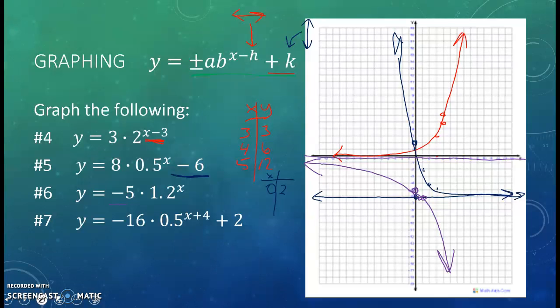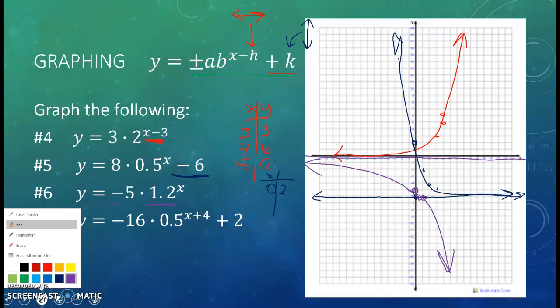So this is an exponential growth problem because the growth factor is more than one, but it's actually growing more and more negative. And so it's just flipped over the x-axis, and it would look like the purple graph that's there.